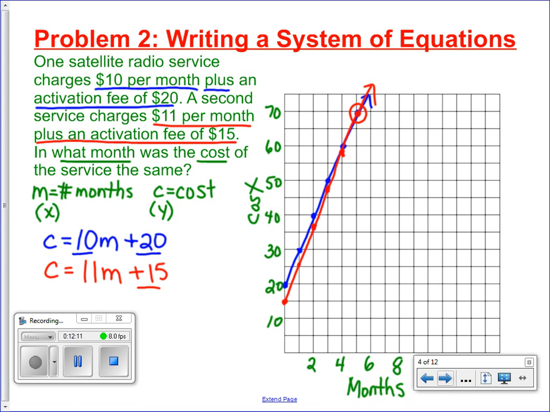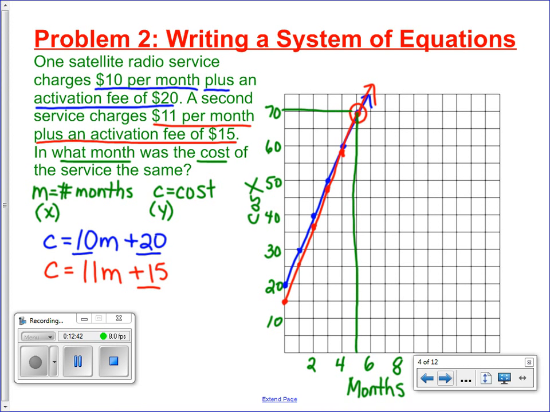We can see that the graphs are going to cross, but at what point can be unclear. And so that is one of the problems with graphing, particularly when you get a solution that is not a nice whole number in your ordered pair. But let's try this. It appears that we have a solution at 5 months and $70.